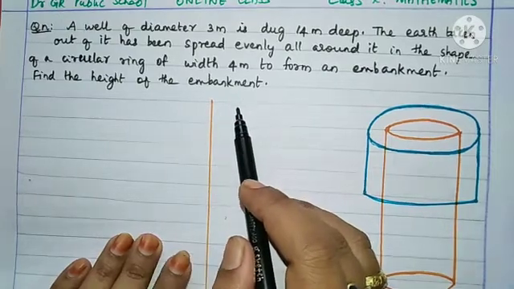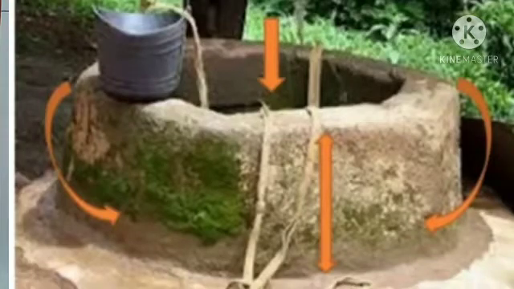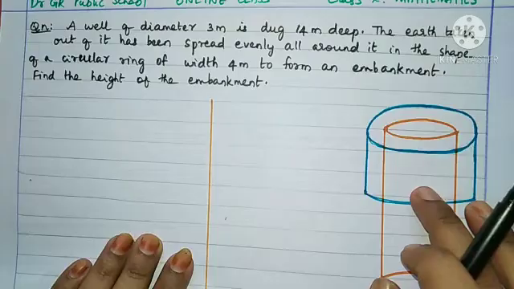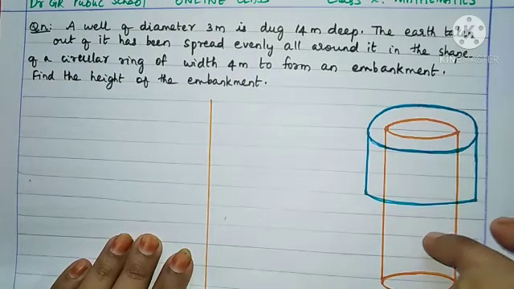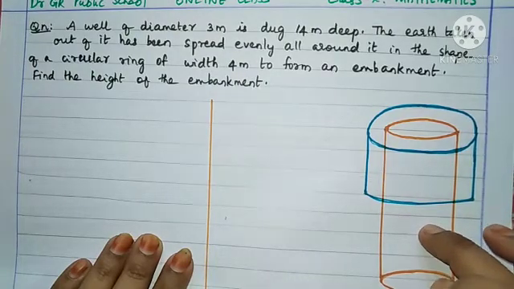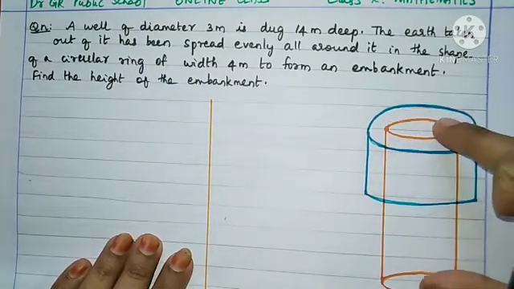Okay. So you got an idea of embankment. A well is dug out, and after digging the well, the earth taken out from this well is spread evenly and built into a barrier. Actually, an embankment is a wall or a barrier that is constructed by using the earth dug out from this well. Here you can see the well inside.